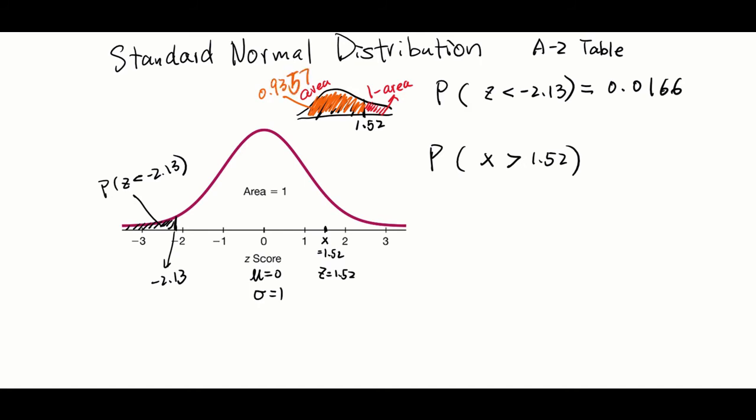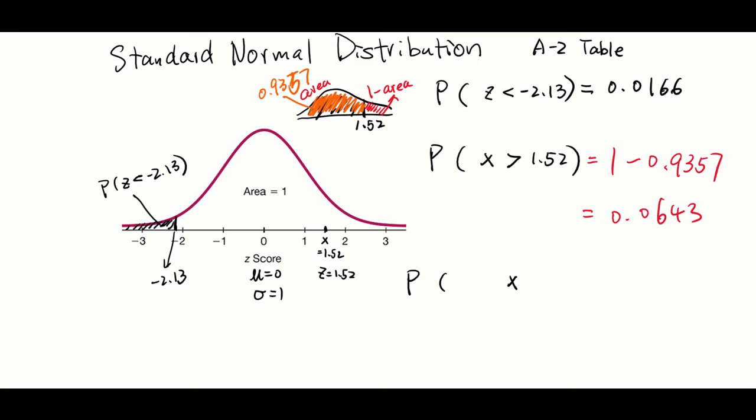Okay, that's this orange part. But what we're looking for is this red part. Well, we will find it by using 1 to subtract 0.9357. And the answer is 0.0643.